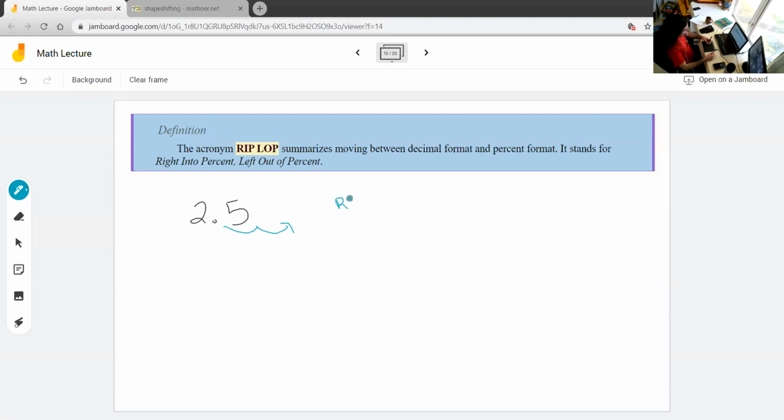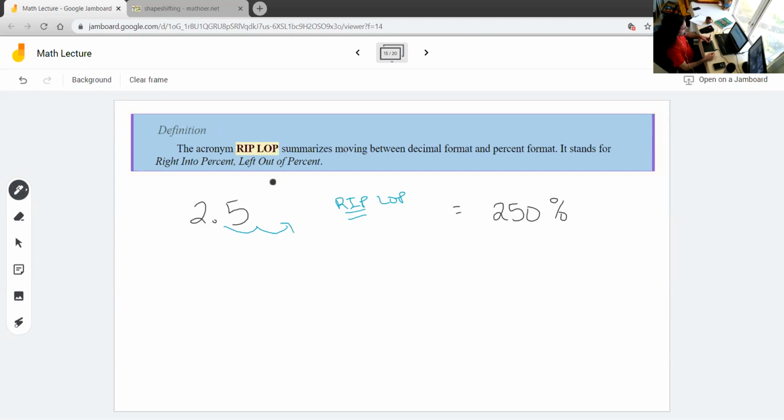And I will usually write it like this. We're going right into percent. So right into percent, move right 2 scoots to go from decimal to percent format.